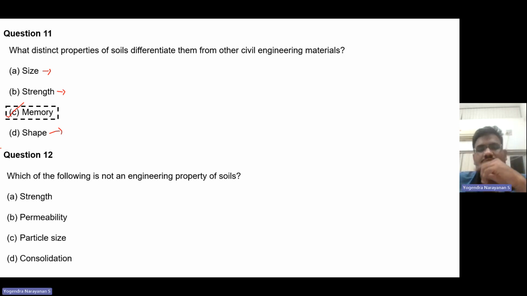Now, in the earlier part of this session, we have seen that the properties of soils are divided into two: index properties and engineering properties. Index properties are essentially used for classifications.